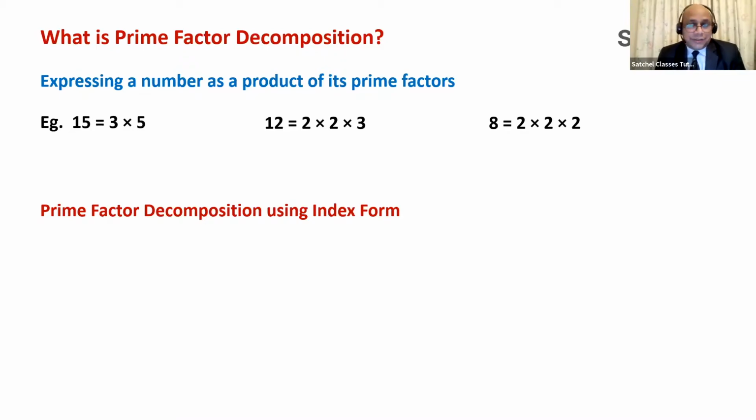You know what the laws of indices are, right? So 2 times 2 can be written as 2 squared, and we can write 12 as 2 squared times 3. How can we write 8 then? It has three 2s, right? 2 times 2 times 2. So we can write 8 as 2 cubed or 2 to the power of 3.